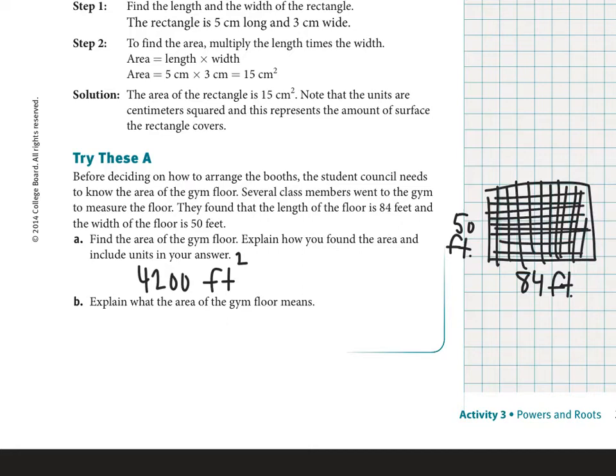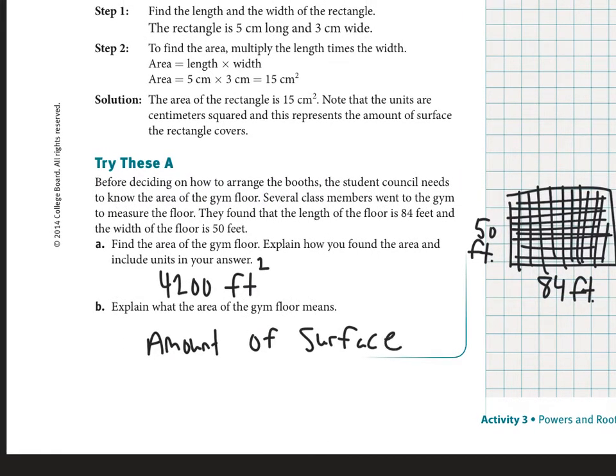There would be exactly 4,200 square feet, and that's the amount of surface covered. If you think about little tiles or little blocks, there would be 4,200 1-foot squares inside that gym. 4,200 square feet.